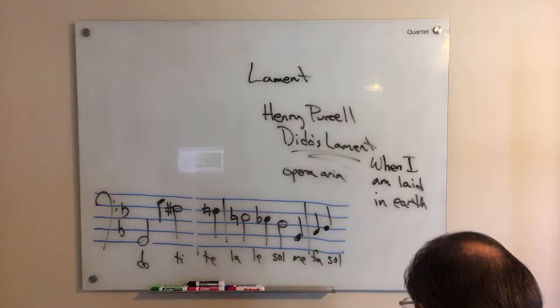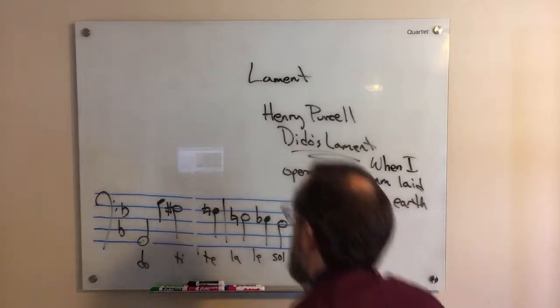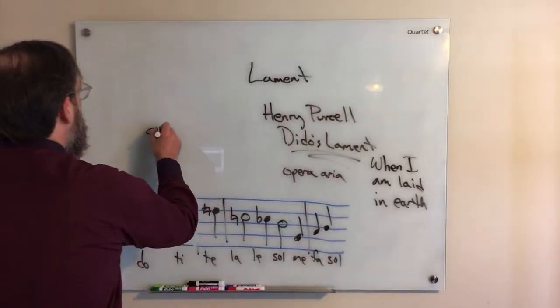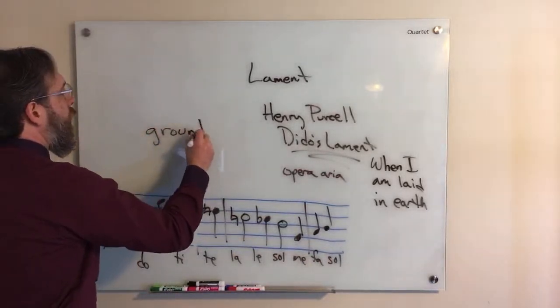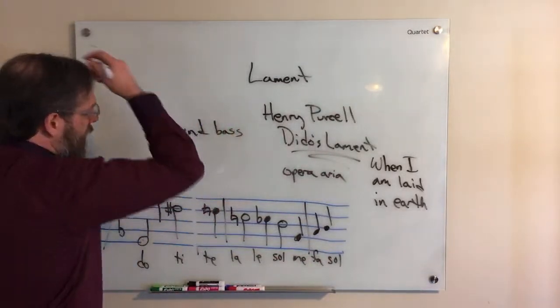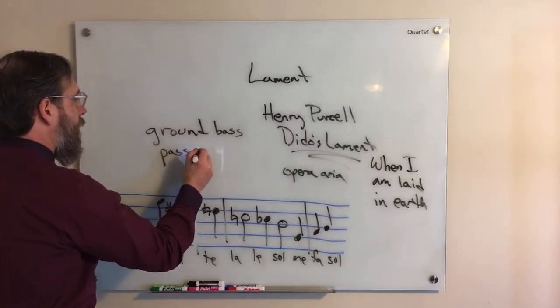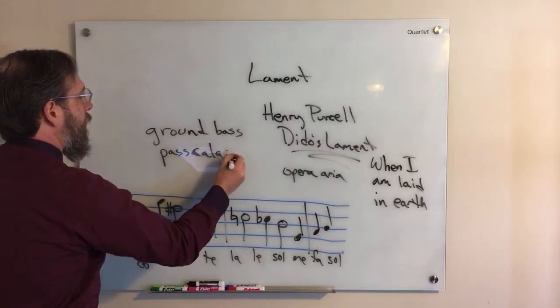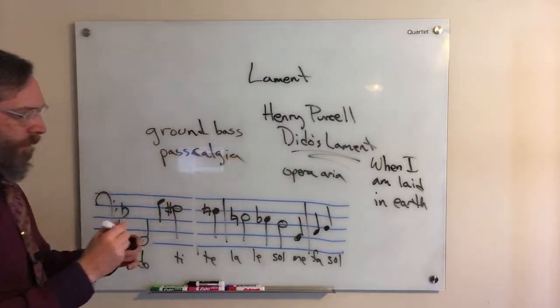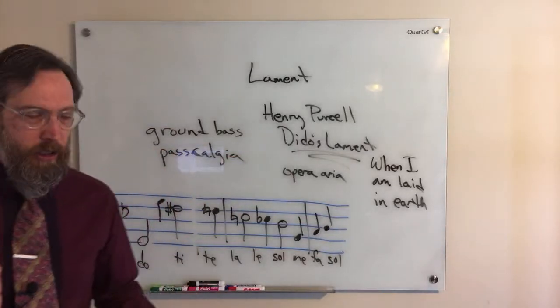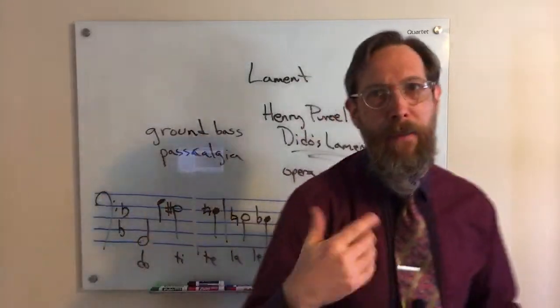And what's neat about it is it's also called a ground bass. It's similar to a passacaglia. And what's neat about that is that for the listener, you have the repetition of that bass line.